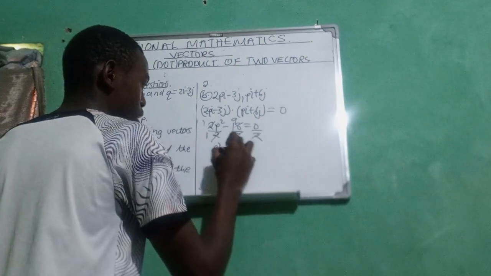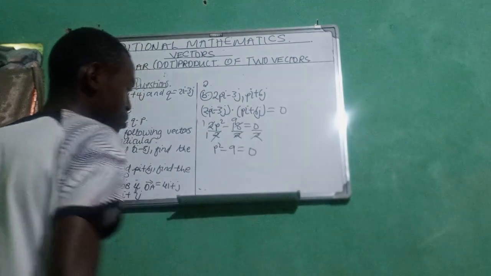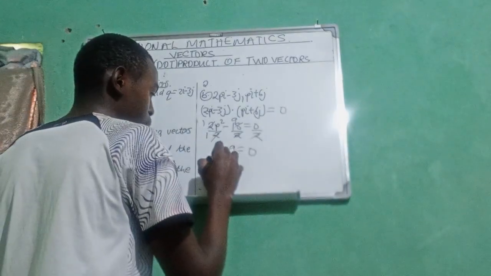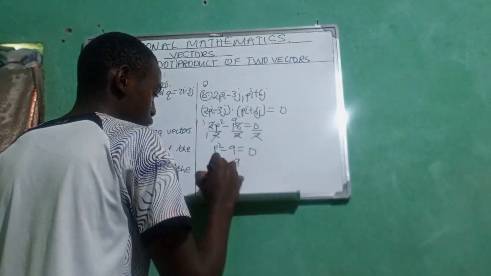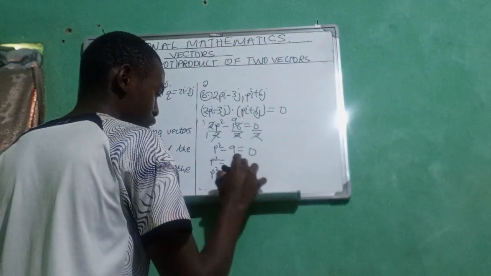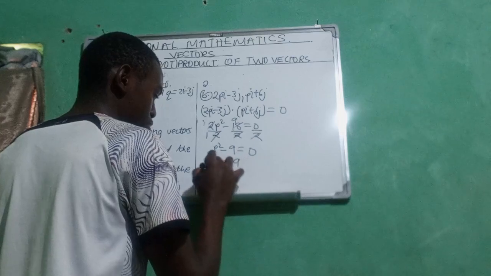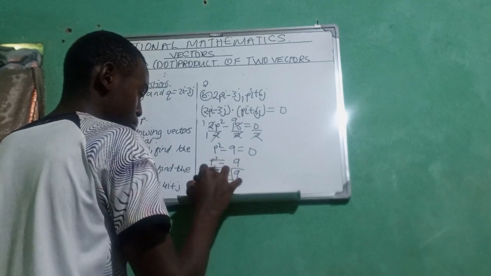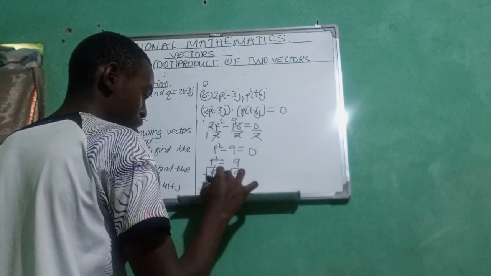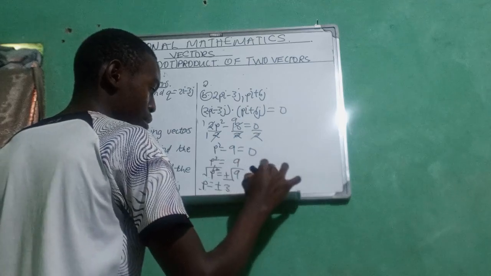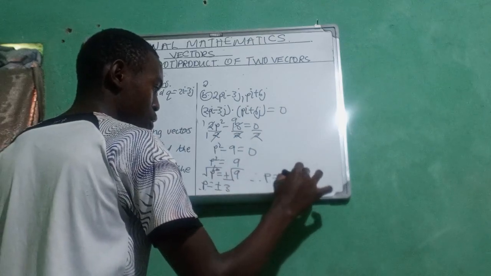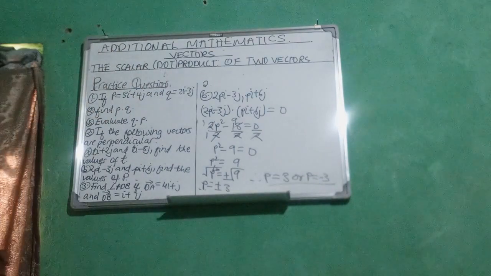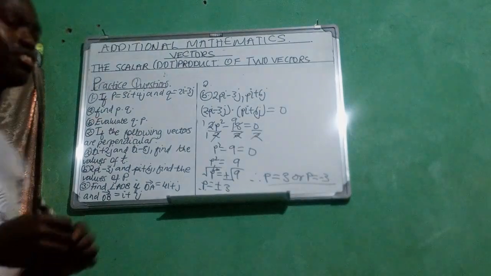So p squared minus 9 is equal to 0. Then we take the 9 to the other side. p squared is equal to 9. We take the square root on both sides, so p will be equal to plus or minus 3. Therefore, p is equal to 3 or p is equal to negative 3. And these are your final answers for this question.